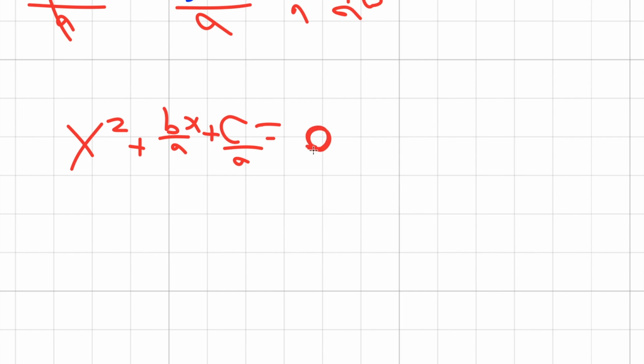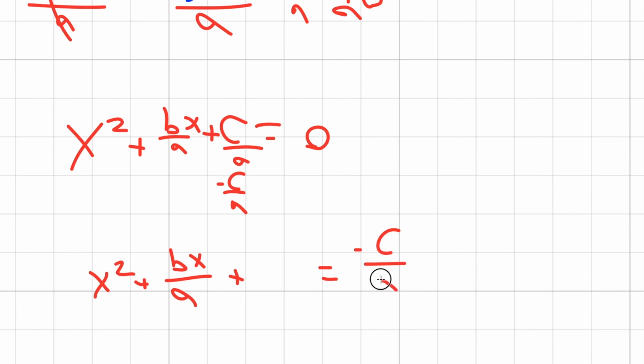So we know how to complete the square. We first get rid of the constant, so we subtract c over a from both sides. So we have x squared plus bx over a plus, and we have to add something there, equals negative c over a.